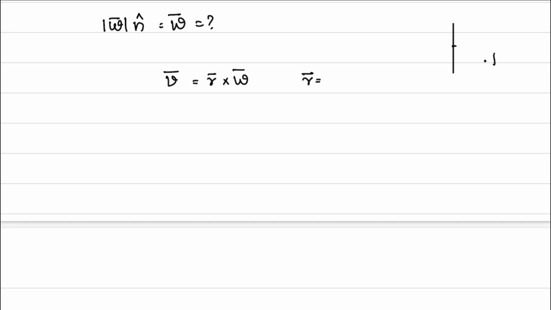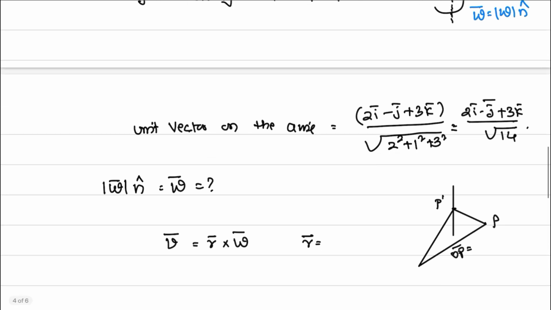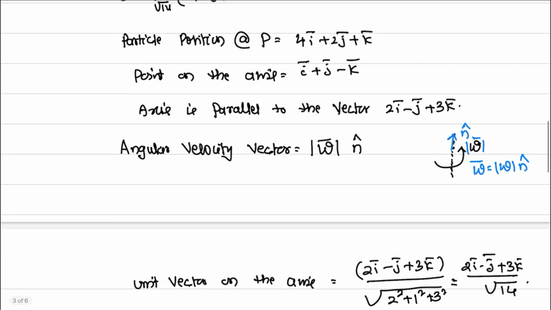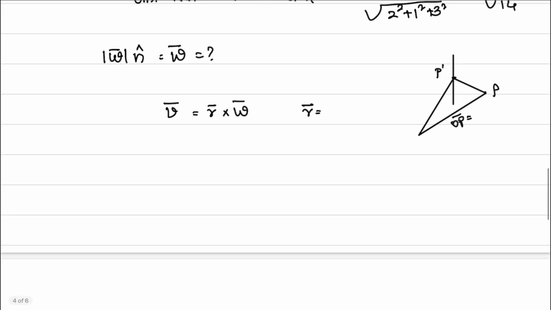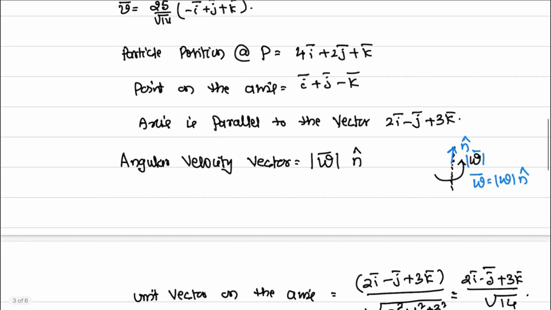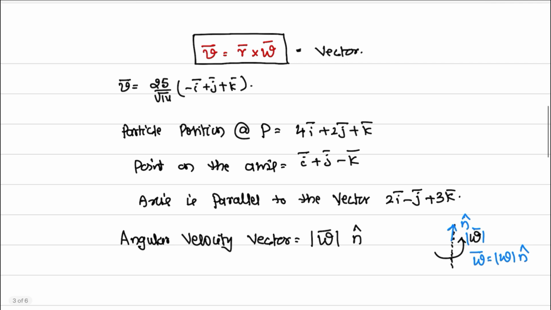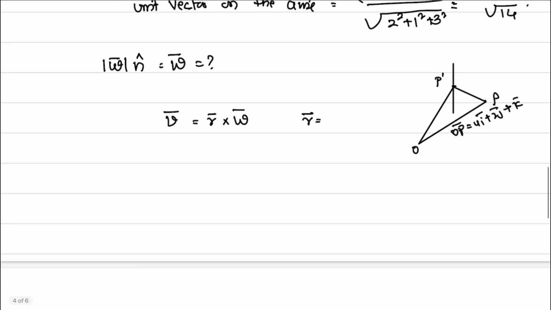Particle position is here, point on the axis is P dash, and with reference to origin, OP and OP dash are given. This is OP. Particle position is 4i plus 2j plus k. OP dash is the point on the axis, which is i plus j minus k.